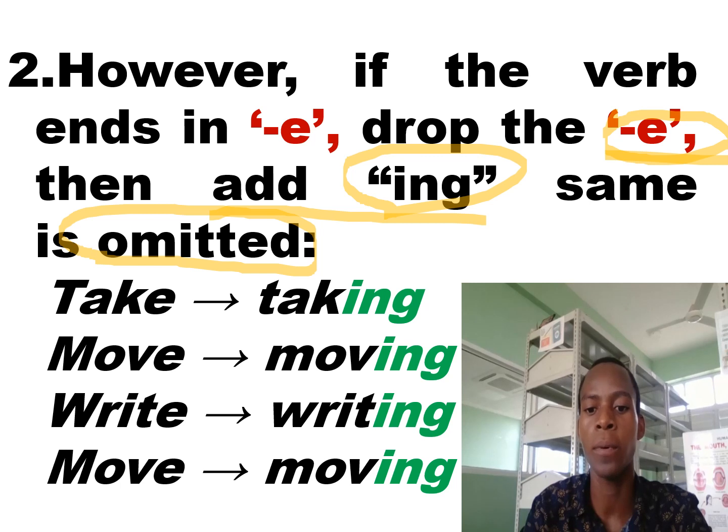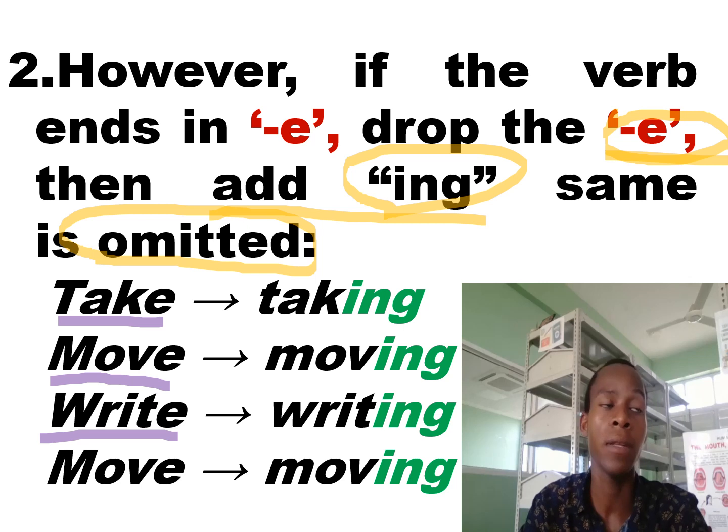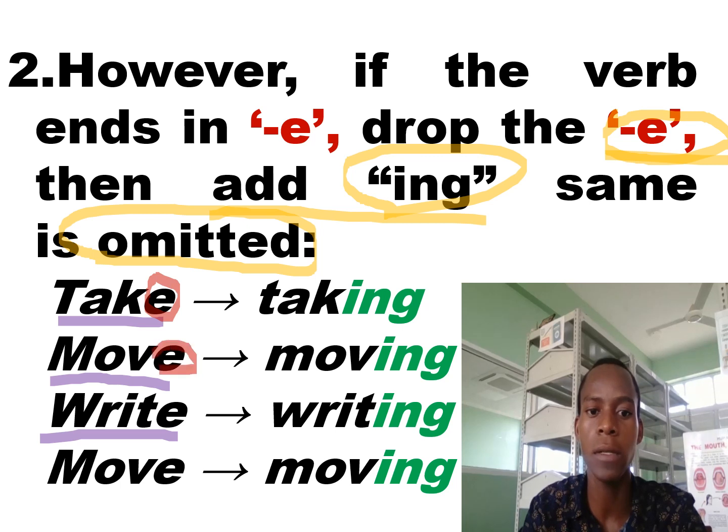Let's check examples. We have take, move, and write, the three verbs. These are verbs in their infinitive form. So we are saying if the verbs end with the e sound, here we have the e at the end, the same here, and with the word write, we have the e.